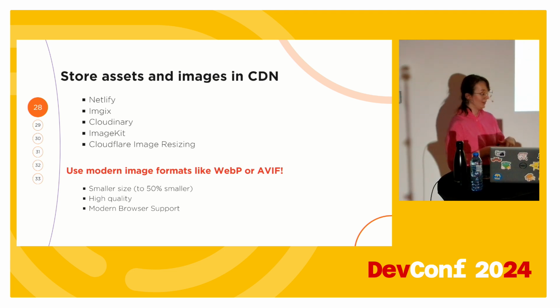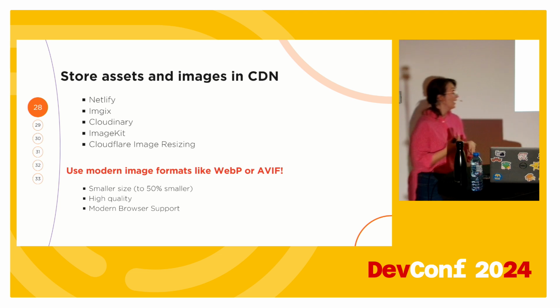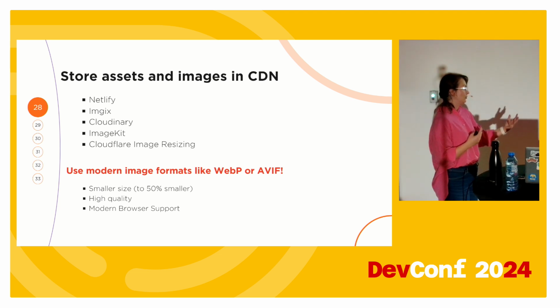And one more thing, use modern image formats. Now it's really important because also in our DevConf page, we have old formats like JPEG. But why should we use modern ones? Because they are smaller and have the same quality.